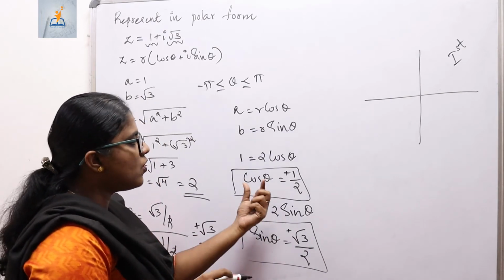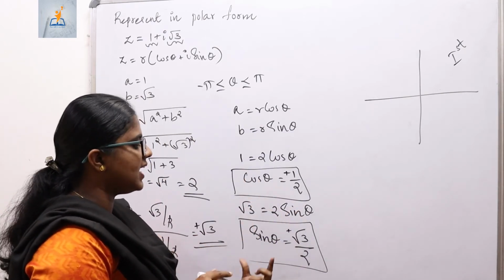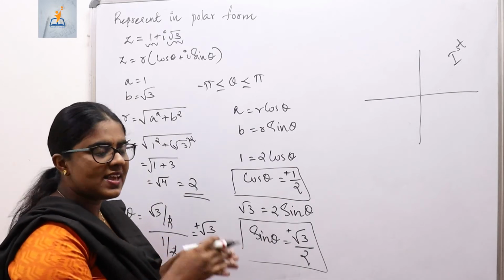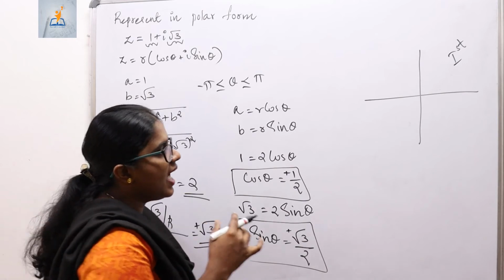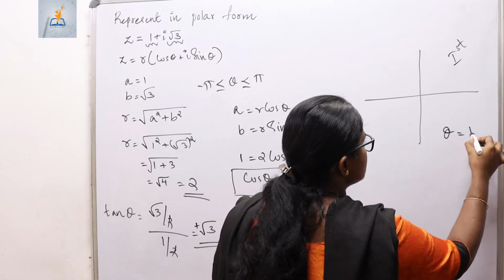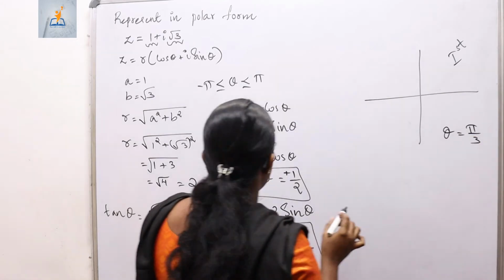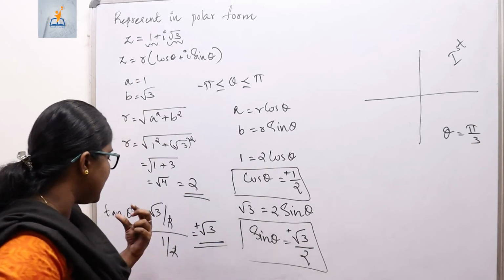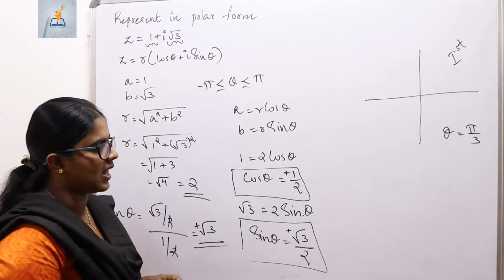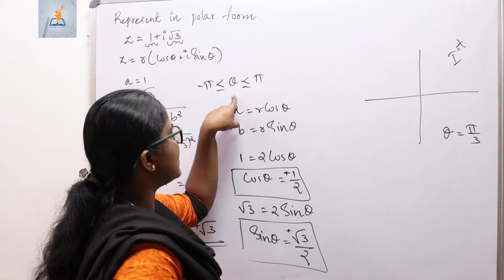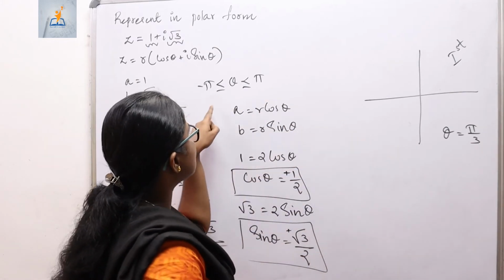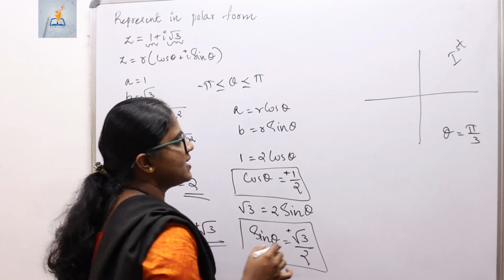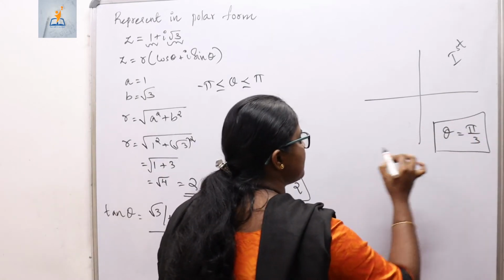All three of these values, cos theta equal to 1 by 2, sin theta equal to root 3 by 2 and tan theta equal to root 3, happen together at theta equal to pi by 3. We know that cos pi by 3 is 1 by 2, sin pi by 3 is root 3 by 2 and tan pi by 3 is root 3. It also satisfies the condition that theta equal to pi by 3 lies between minus pi and pi. So we can conclude that the required theta is pi by 3.